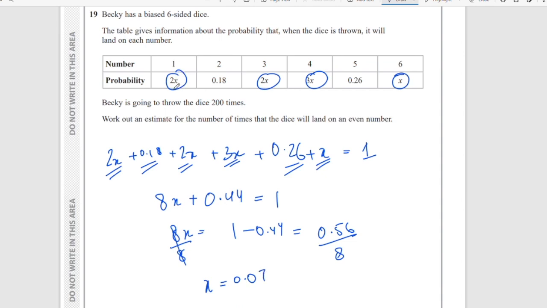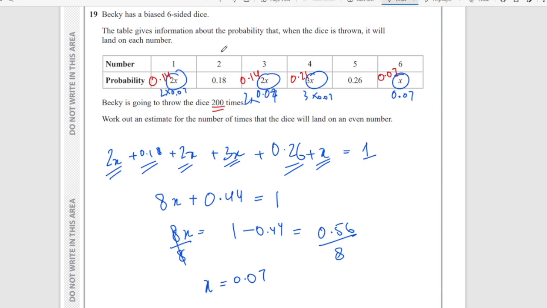So this one is 2 times 0.07. This one is 2 times 0.07. And this one is 3 times 0.07. This one is just 0.07. Okay, so let's figure out the answers. Now the question is, Becky is going to throw the dice 200 times. Work out the estimate for the number of times that the dice will land on an even number.